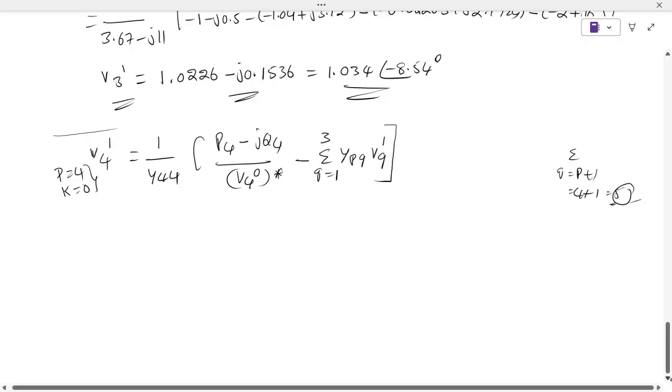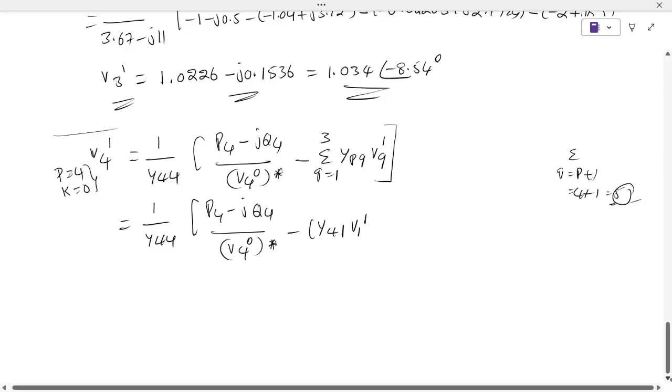Now substitute the values. 1 by Y44, just expanding in detail, (P4 minus jQ4) by V40 conjugate, minus Y41 V1.